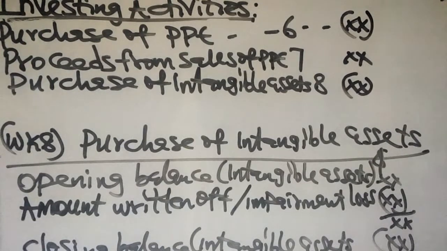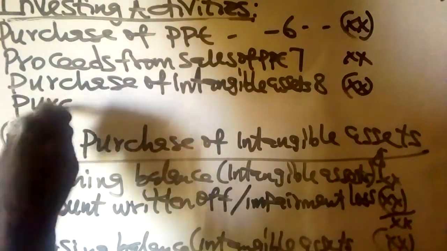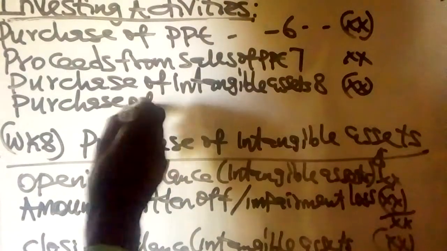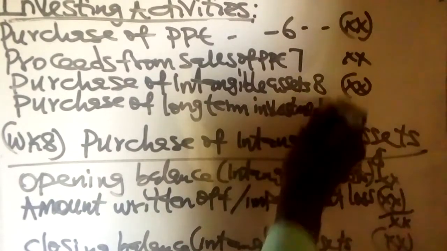Then the next item is purchase of long-term investment. That is covered in IAS 40, investment property. Let me have that to be note 9.